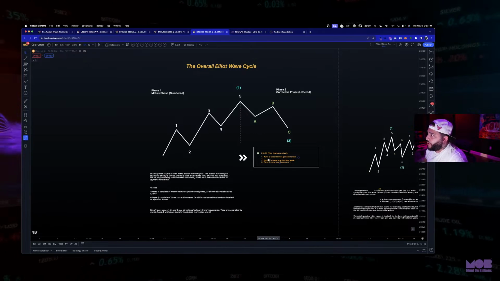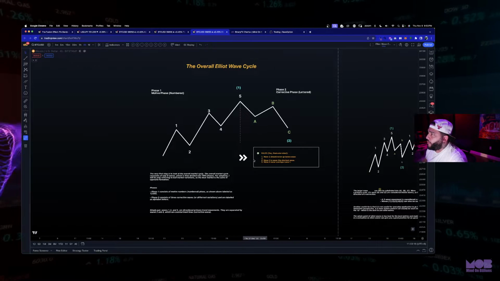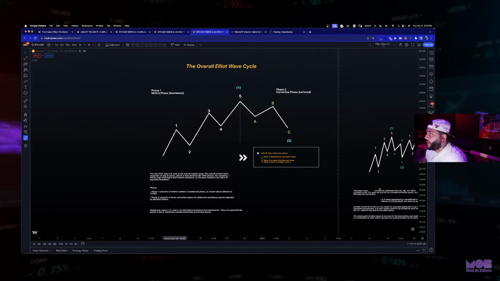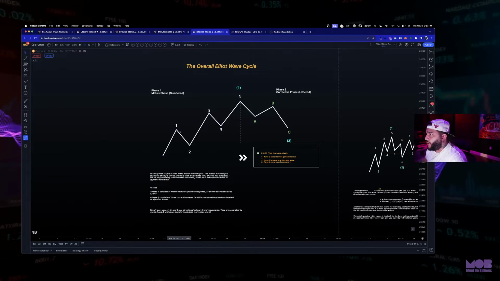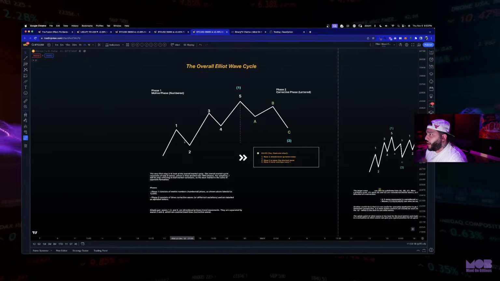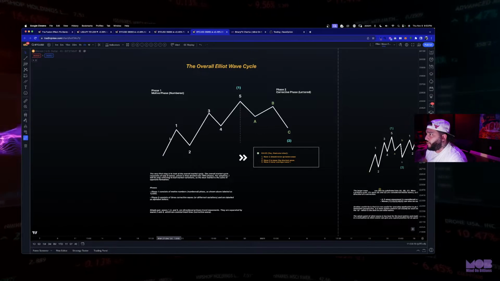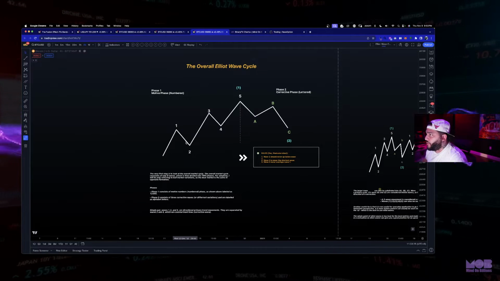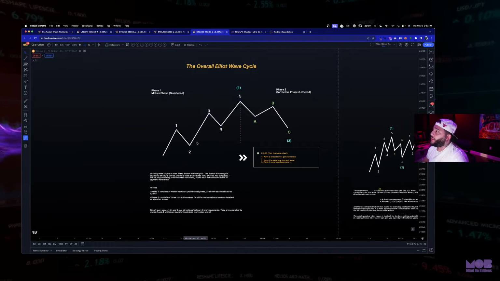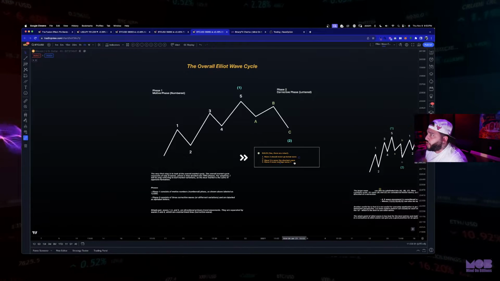So the rules. Wave 2 should never go below wave 1. So we look at wave number 2, which is this one. This is the completion of wave 2. This isn't going to go below wave number 1. So this is wave 1, and this is wave 2. This completes wave 2. Wave 3 is never the shortest wave.